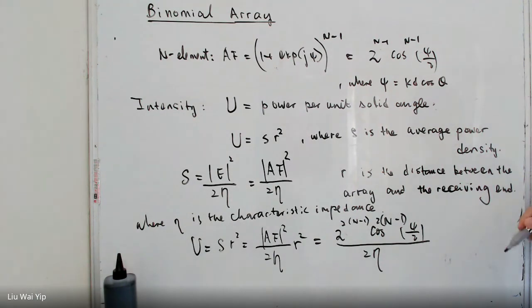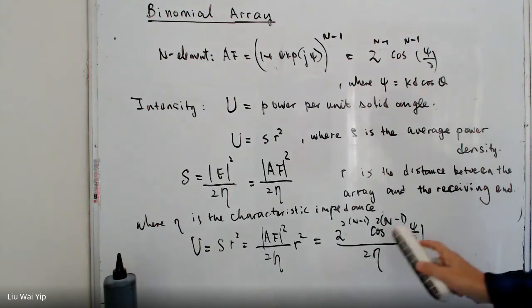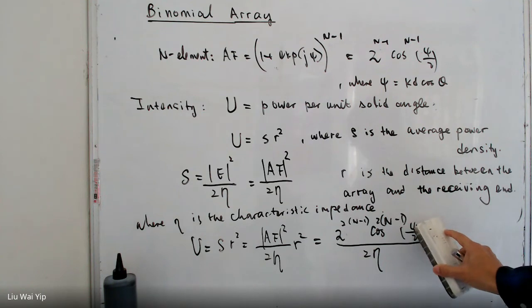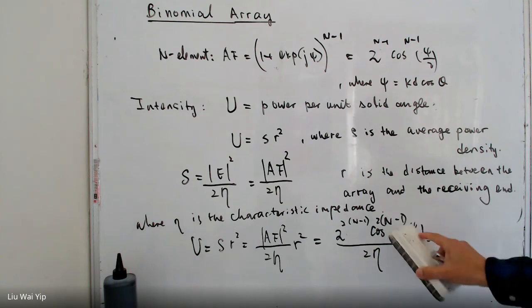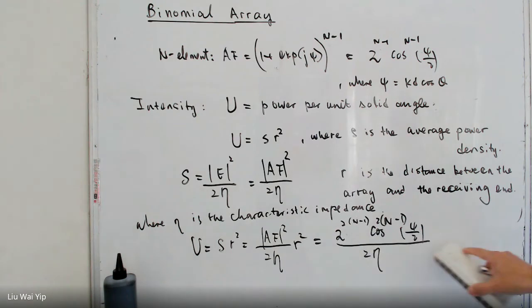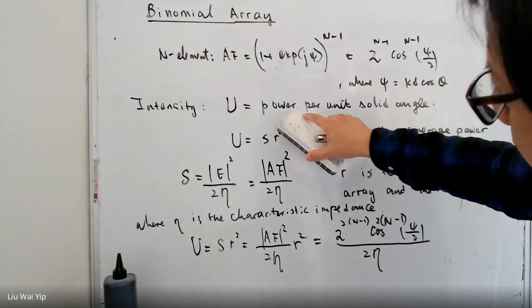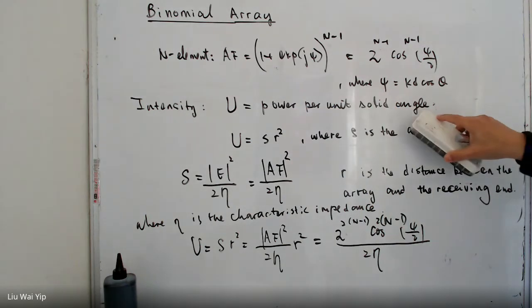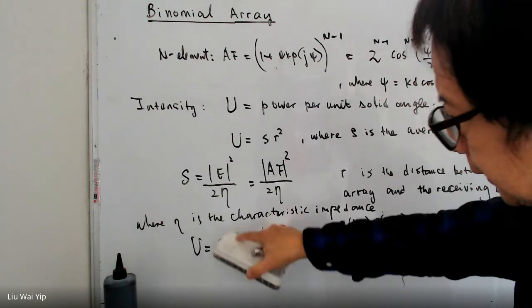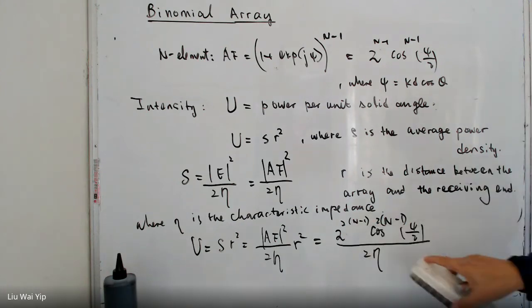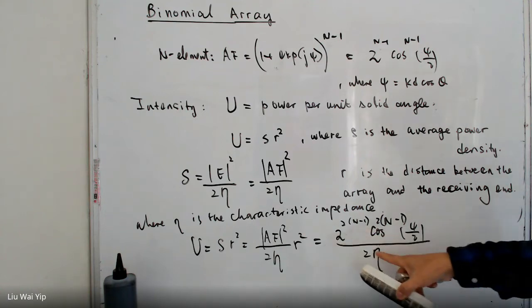So now we continue from here. And what we are going to do is to re-express this intensity. We have already known the intensity is given as a power per unit solid angle, and the expression for the intensity is like that. What we are going to do is simplify this expression.